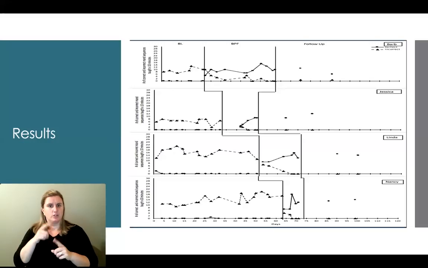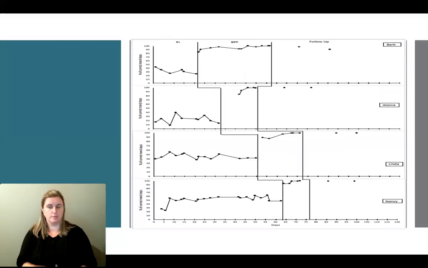And this was observed across participants, as I already mentioned. In this case, which is probably a little more reflective and easier to see, what we're seeing here is the percentage of correct mand steps correctly implemented. So again, across participants, there is a rapid change in level from baseline to intervention following the first implementation of the training.